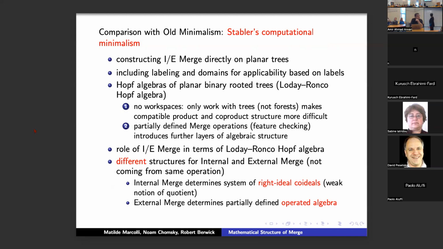What I mean by a section is that I take a map of sets in the opposite direction. I take a point in Y and I make a choice of one of the points above it. The condition for this is that if I go this way first and then this way, I get the identity on Y. So I'm staying always on the fiber above Y.